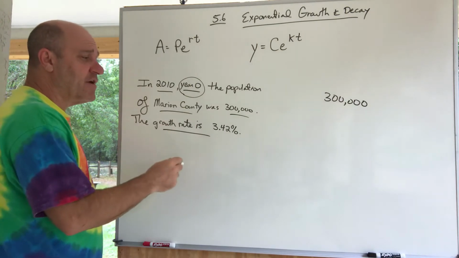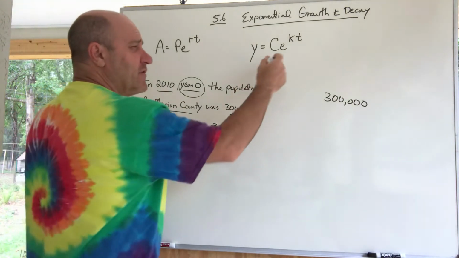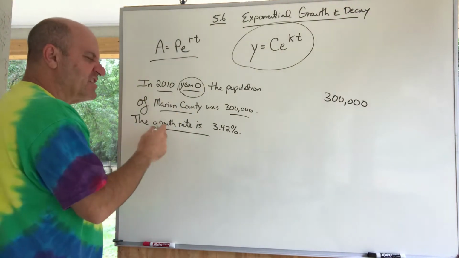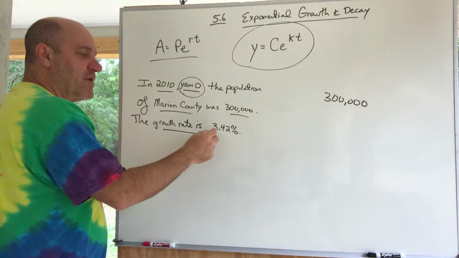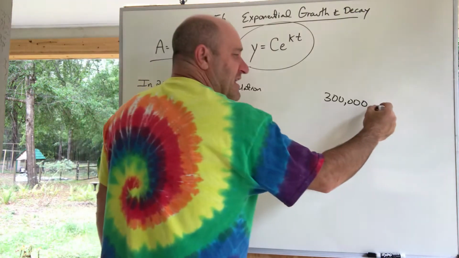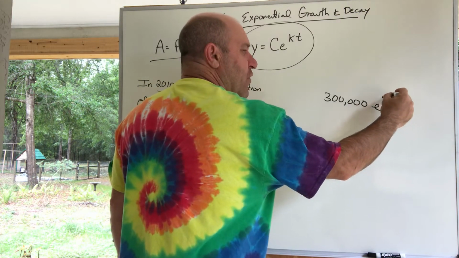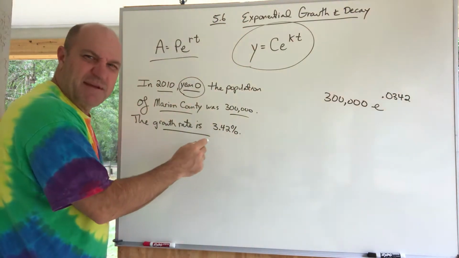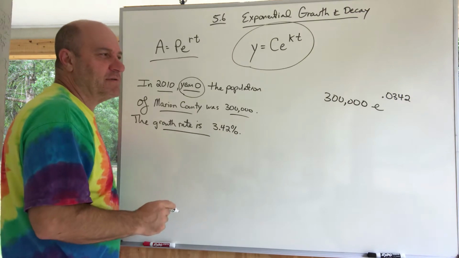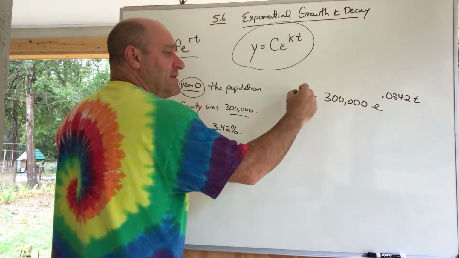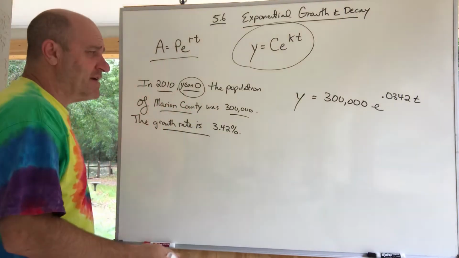I didn't use that here, but that word continuous sort of implies you're using this formula, if you remember. So it's got a continuous growth rate of 3.42%. So that's my k. So that's e raised to the 0.0342. You've got to remember to take these percents and make them a decimal when you use these formulas. And then here's the time t, and then this will be the population of Marion County as it grows.